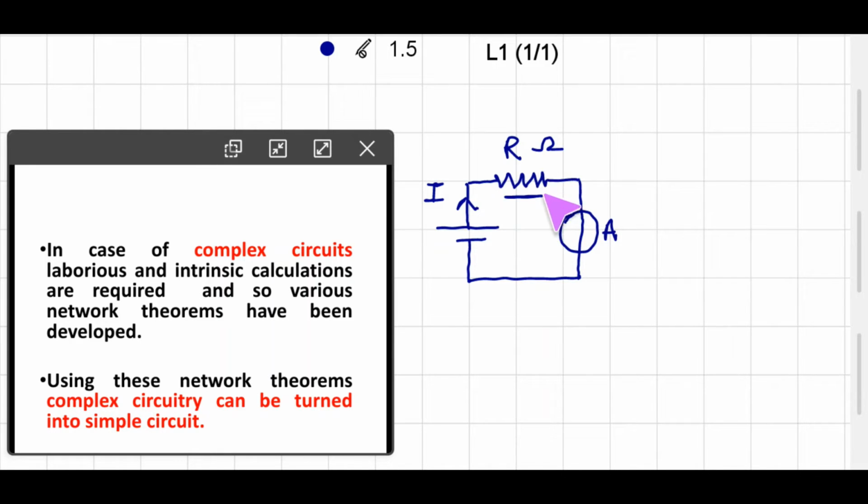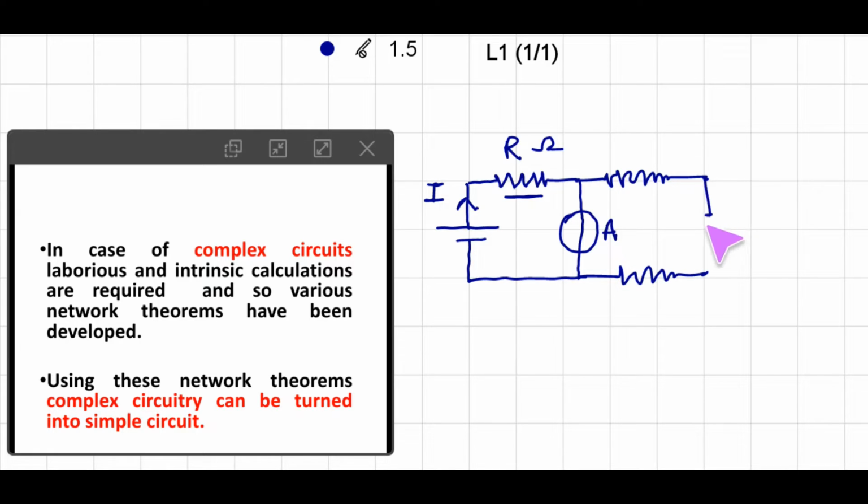But if we consider that there are a large number of resistances in the circuit like this, suppose this is a circuit in which there is another battery.